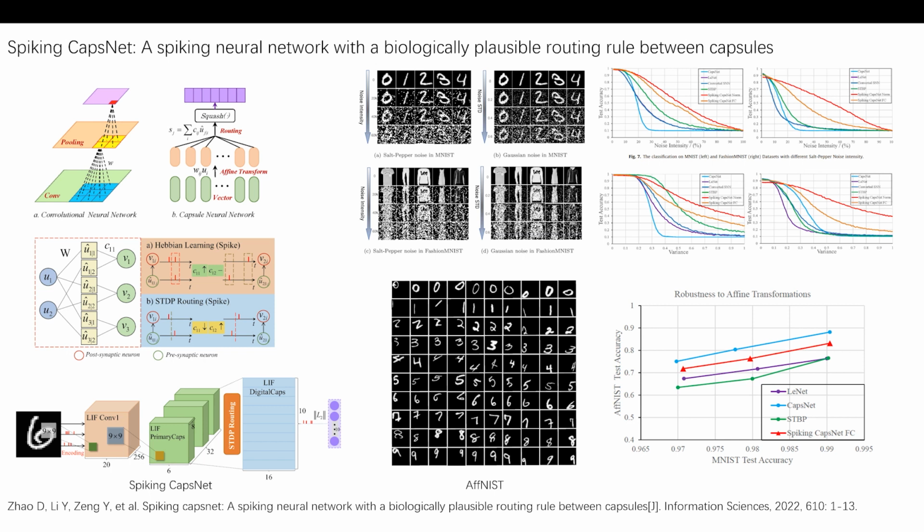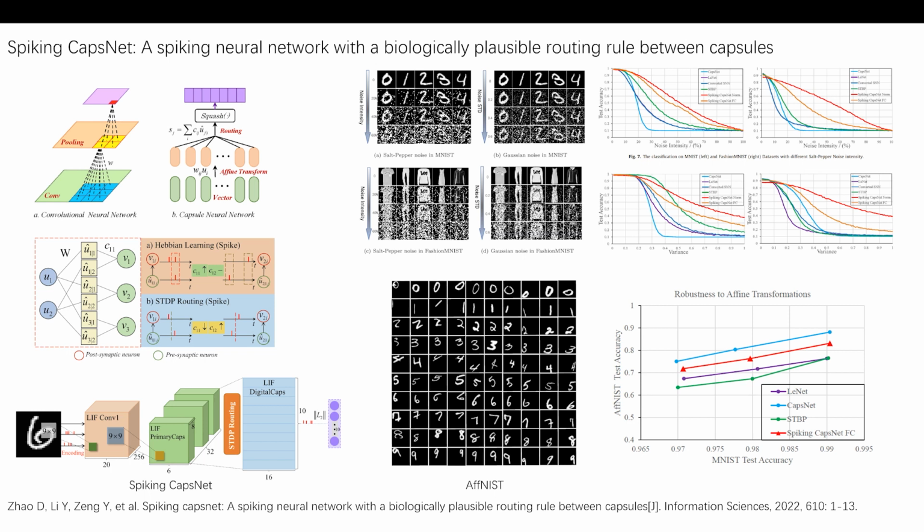Suppose only the original dynamic routing is extended to SNNs. In that case, it equals Hebbian learning, only considering the activity of neurons before and after synapses, ignoring the relative order of spikes firing between them and missing the temporal information.